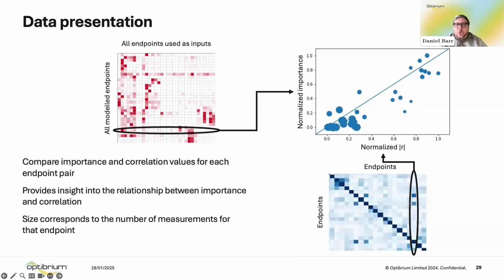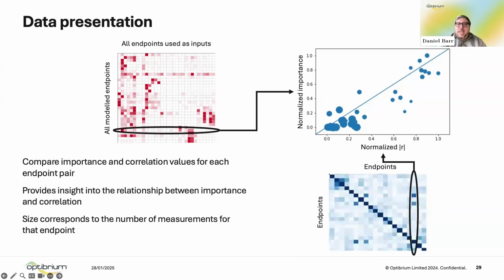You can see here on the horizontal axis, we're showing the results of our correlation analysis. So we can calculate the normalized absolute value of the correlation coefficient, and that will be plotted on the horizontal axis. On the vertical axis, we'll plot the importance values from the importance matrix that's derived by Cerella from the deep learning imputation model.